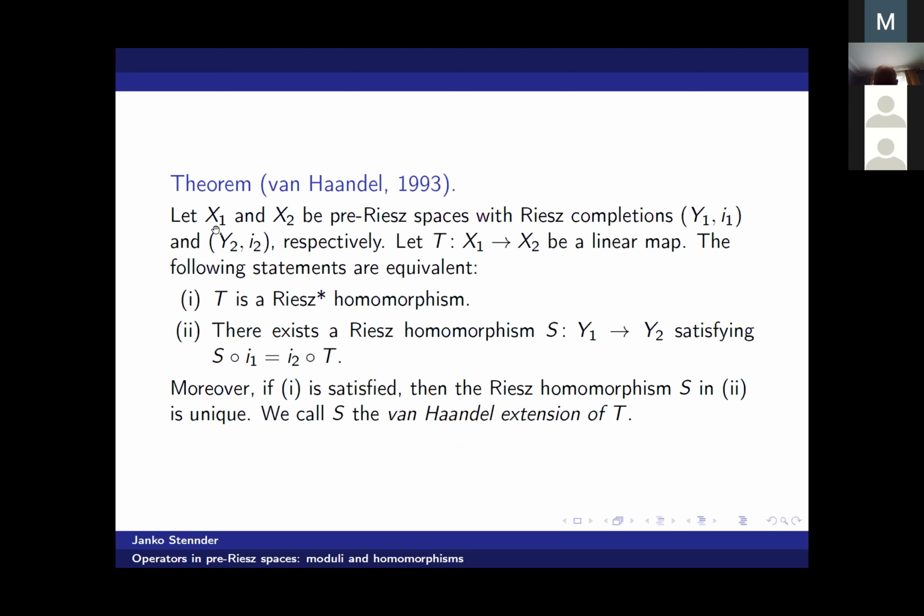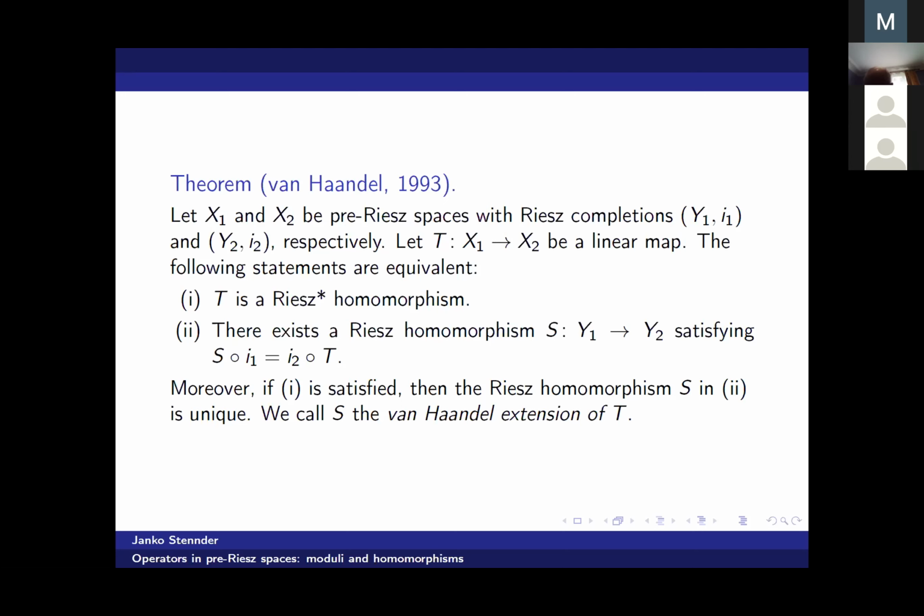Namely, if I have two pre-Riesz spaces with their Riesz completions, and I have a linear map between the two pre-Riesz spaces, then this linear map is a Riesz star homomorphism if and only if there exists an extension to the Riesz completions which is a Riesz homomorphism. And this extension is also unique and will be called the Van Handel extension of T, because this theorem was found by Van Handel in his PhD thesis.